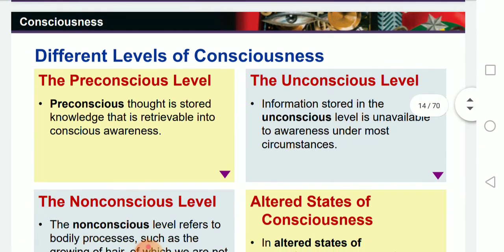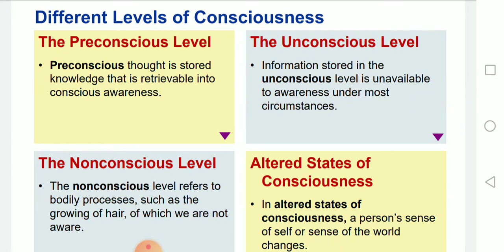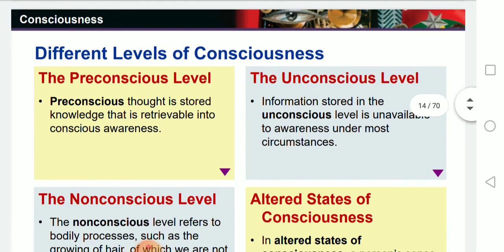Okay, different levels of consciousness: the pre-conscious level, the unconscious level, the non-conscious level, and the altered states of consciousness, which we'll talk about. So the pre-conscious level, what does it mean? It is stored knowledge that's retrievable into conscious awareness.